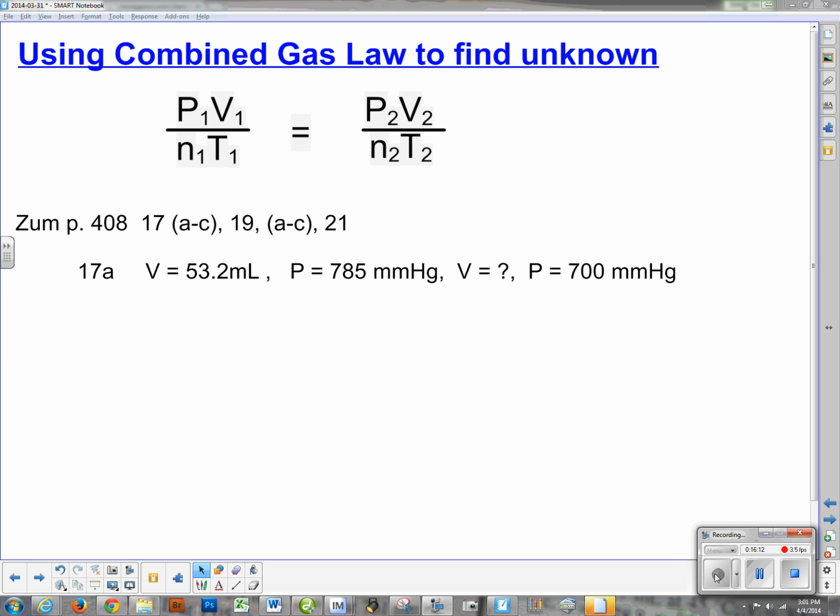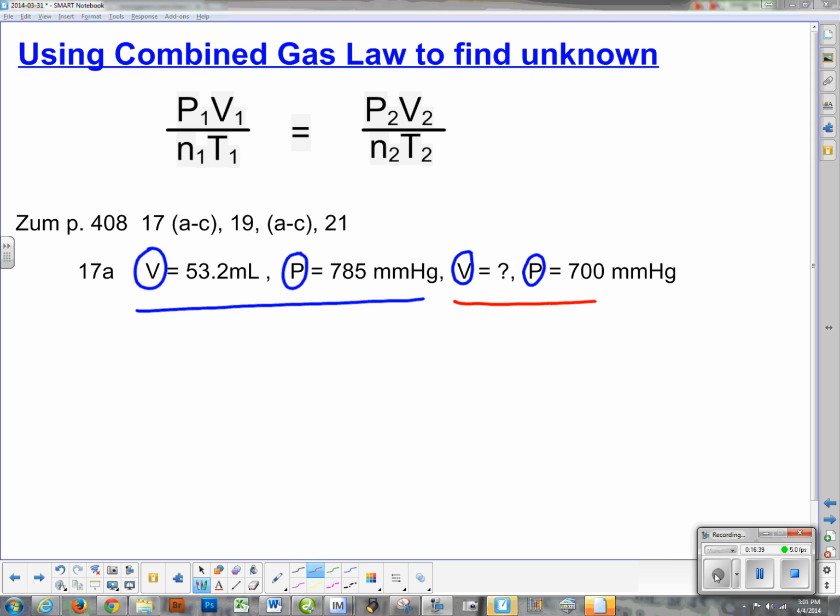Here we are looking at a problem that has V, P, a second V, and a second P. Now, the way they've lined these up, these guys over here are together, and these guys over here are together.